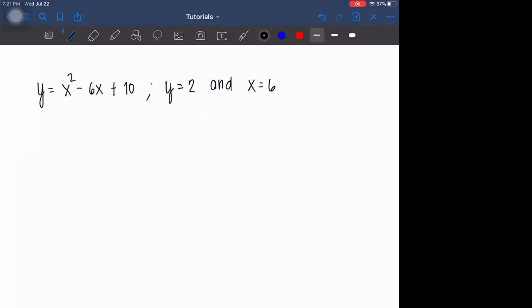Let's identify what these curves are. First, what is that? Parabola. Still a parabola. Or circle, or ellipse, or hyperbola. What's the second one? Line.